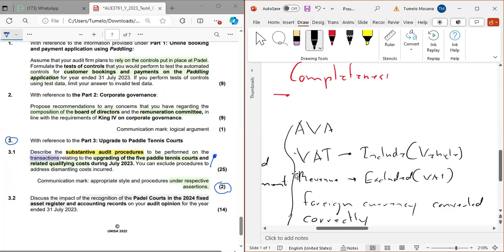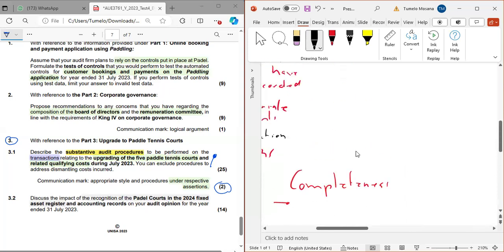There will always be reconciliation to the asset register, to the asset balance in the general ledger. You would also agree the closing balance of the fixed asset register to the general ledger, to the trial balance, and to the annual financial statements. Those are the general substantive procedures that should always be in your answer.